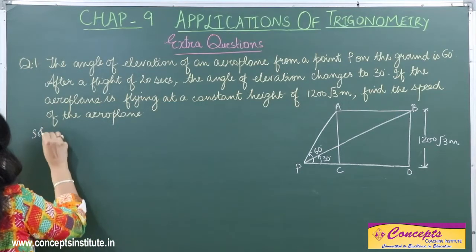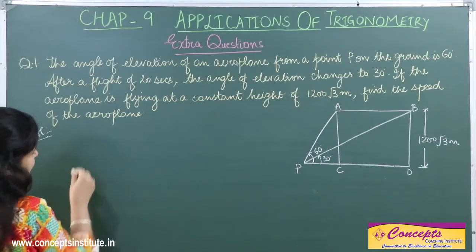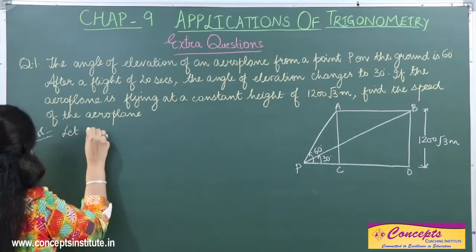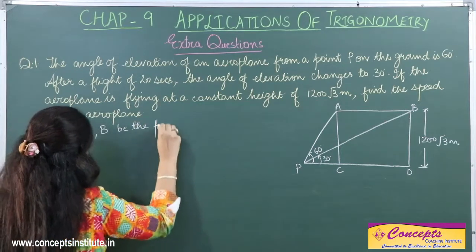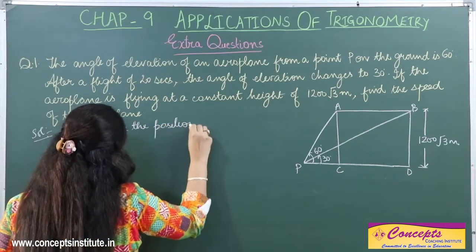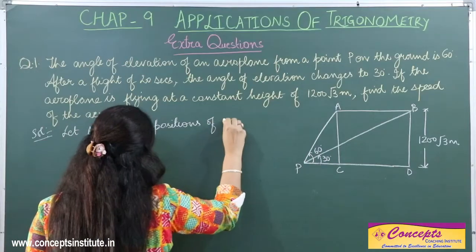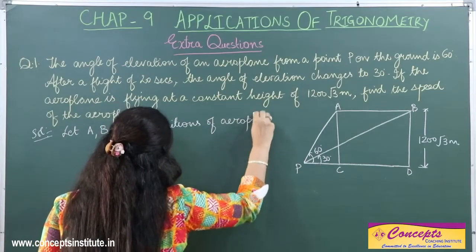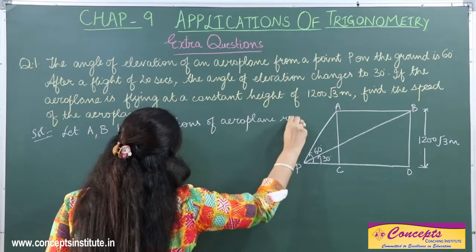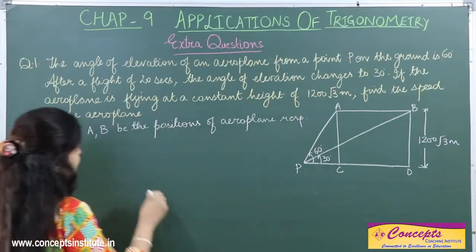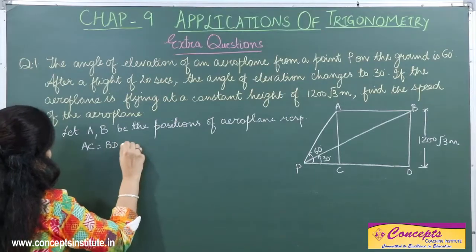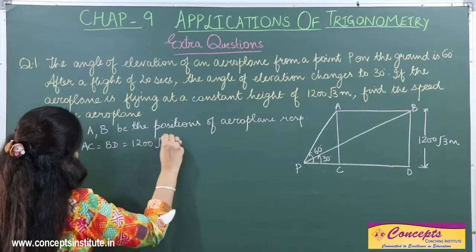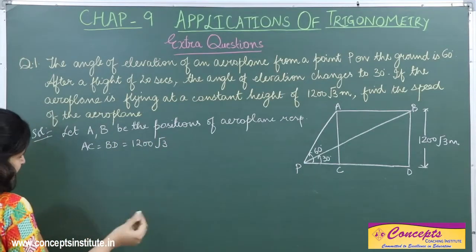So in the solution, I am going to write that let A and B be the positions of aeroplane respectively, and the distance AC is equal to BD, and that is 1200 root 3, and we have to find the speed of the aeroplane.